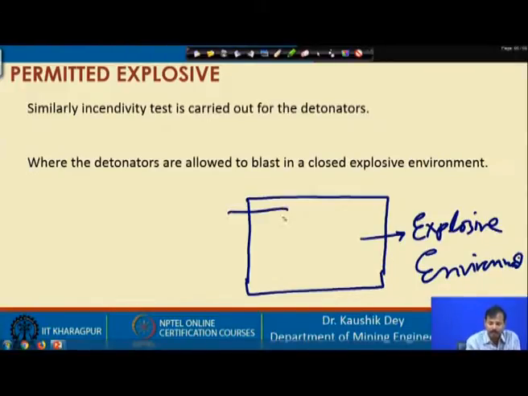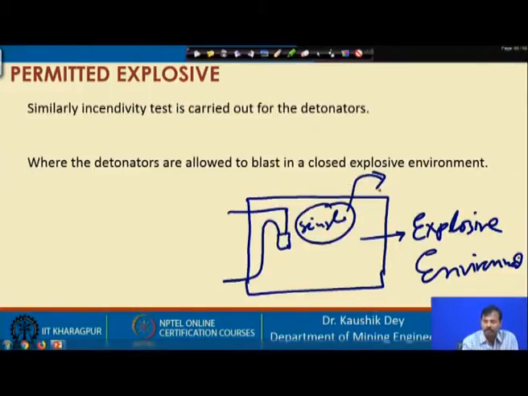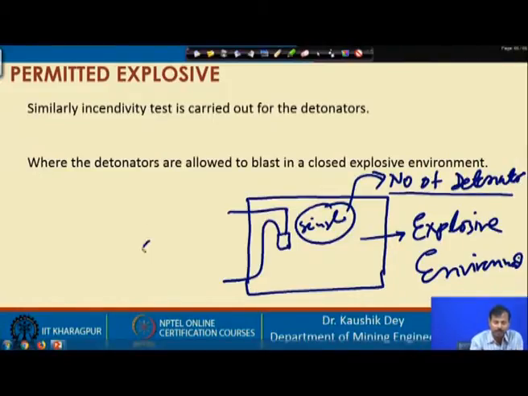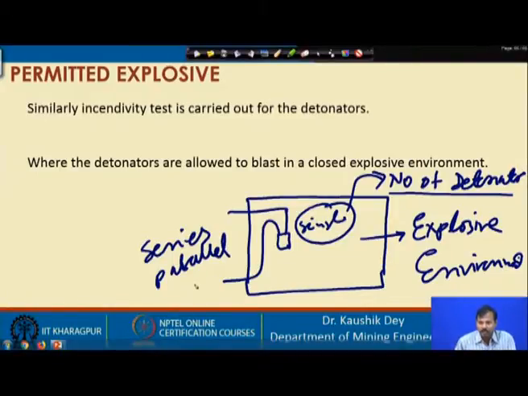Then the detonators are provided, very often not a single detonator. Often we change from a single detonator to a number of detonators, either in series or parallel connection, fitted in this chamber.